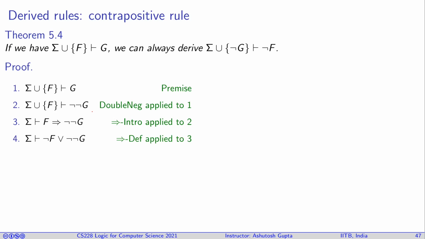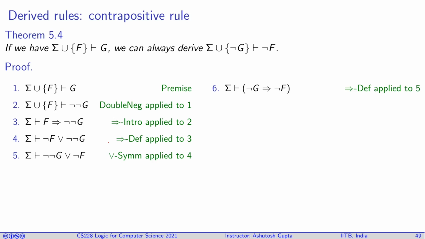You can introduce the definition of implication and write not f or not of not g. We apply symmetry and it becomes not of not g or not f. Now if we apply the definition of implication in the reverse direction, we get not g implies not of f.